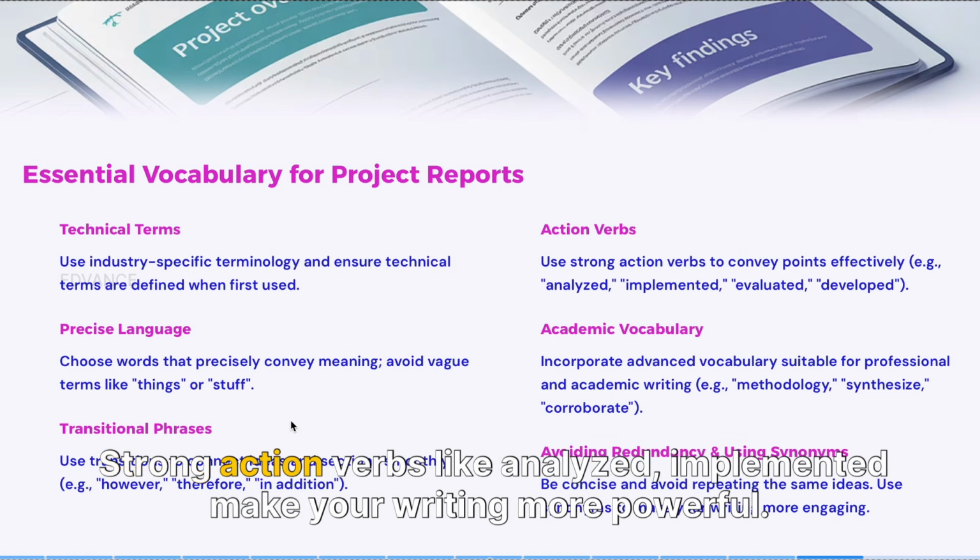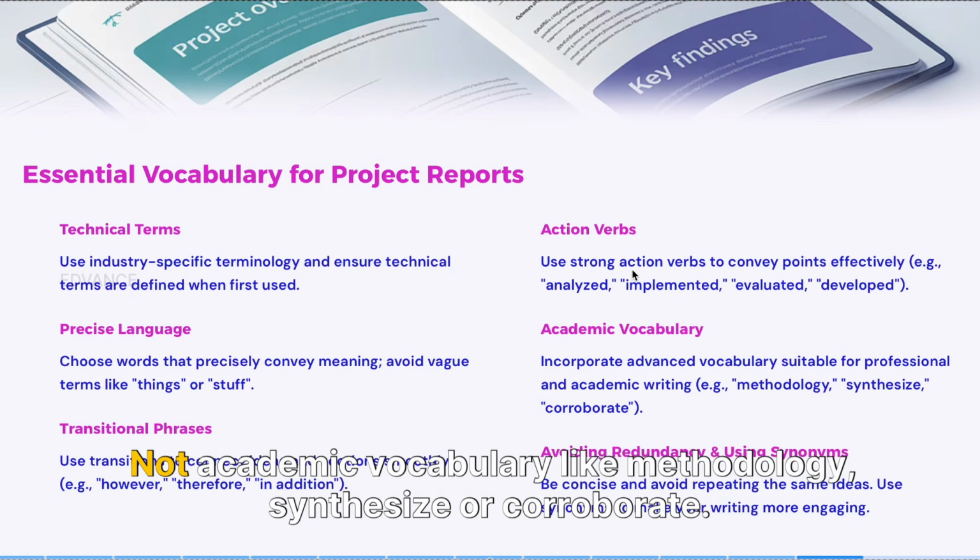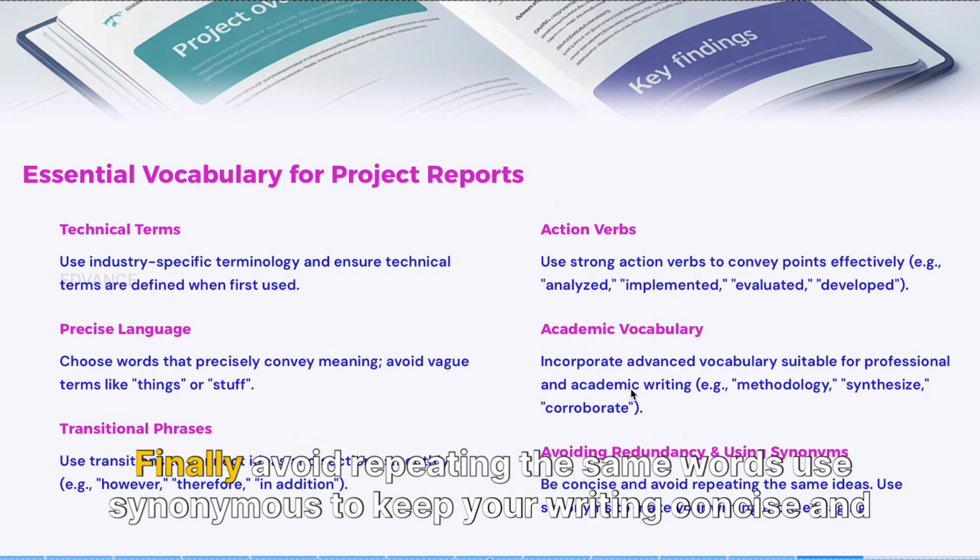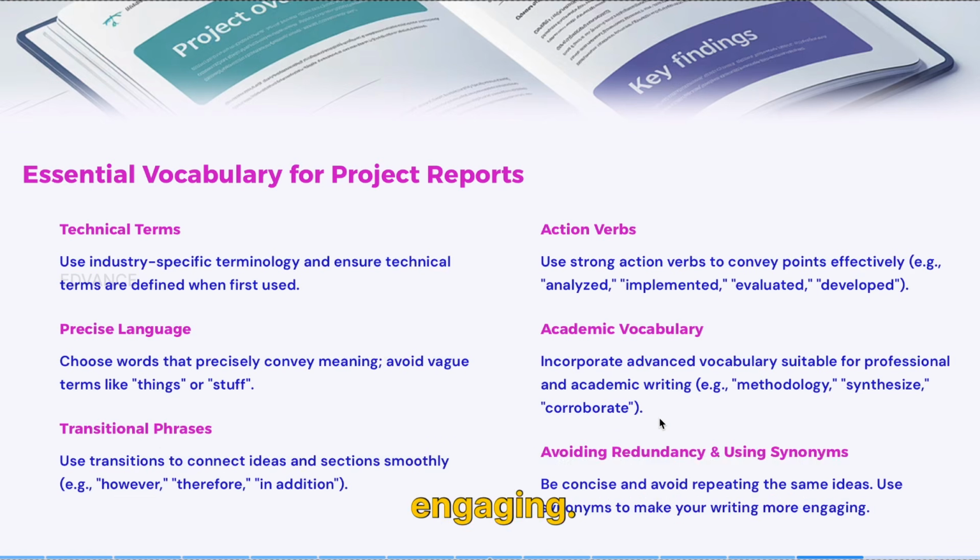Strong action verbs like analyzed, implemented make your writing more powerful. Include academic vocabulary like methodology, synthesize, or corroborate. Finally, avoid repeating the same words. Use synonyms to keep your writing concise and engaging.